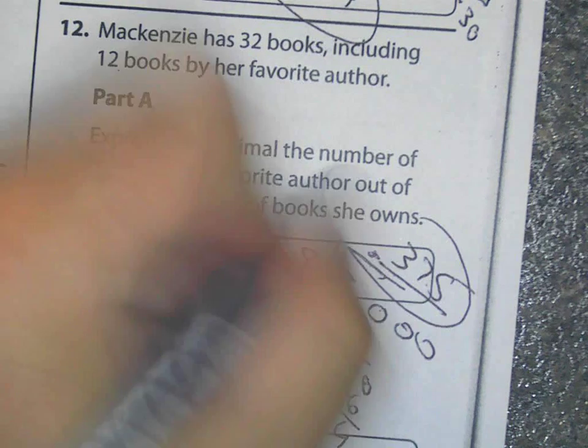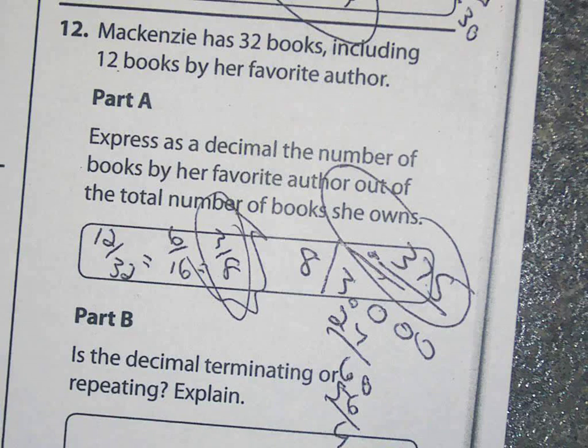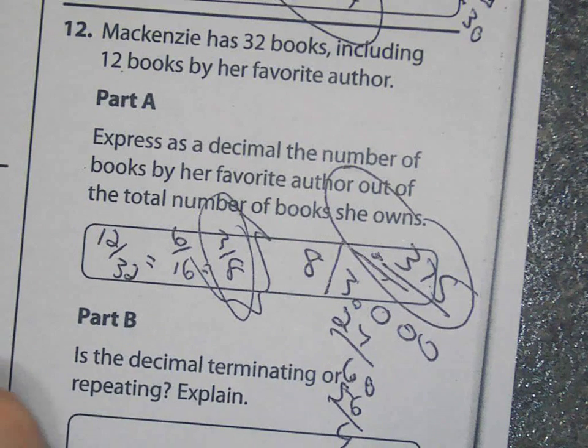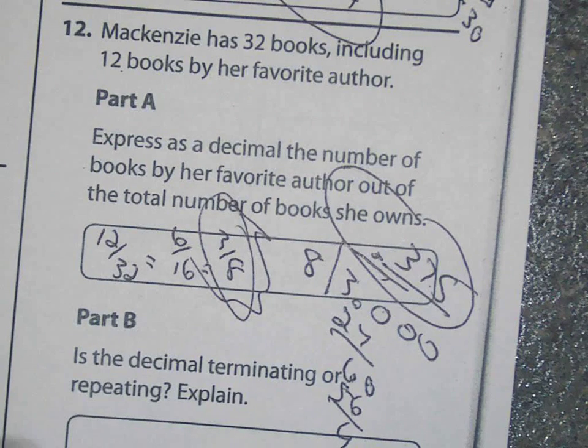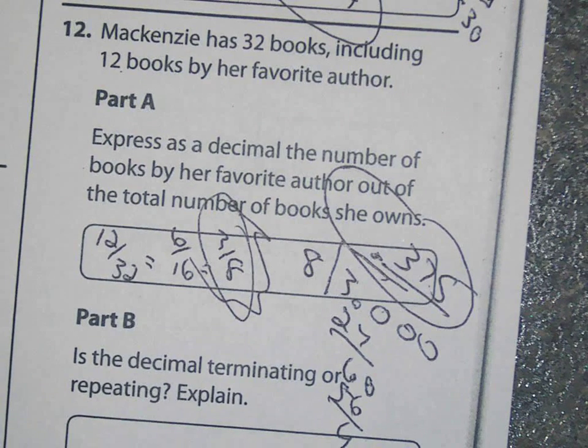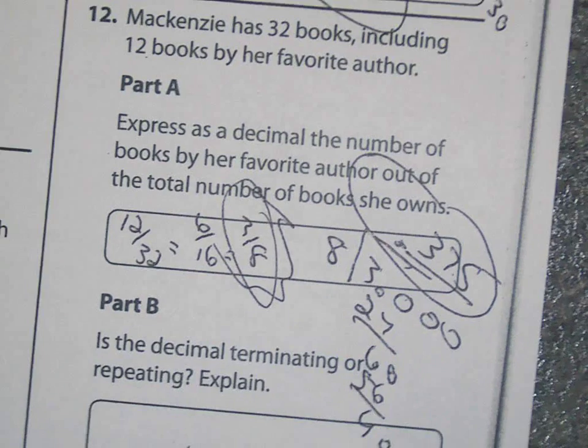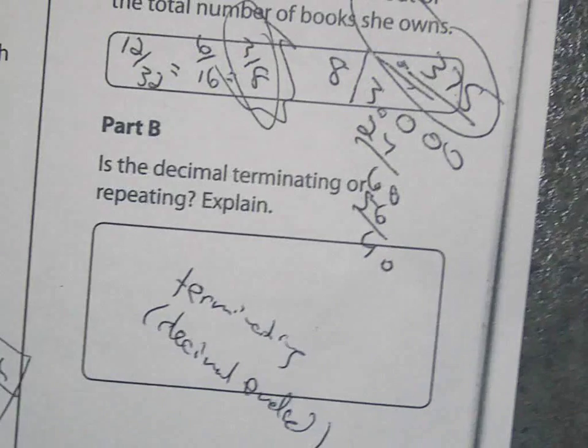Subtract it all, I get 40. I get 5. My answer is 0.375. And that is terminating. The reason it's terminating is because this decimal ended.